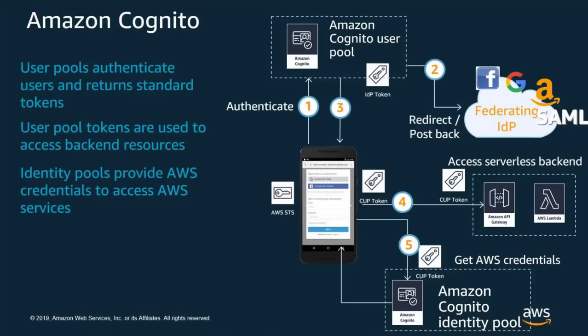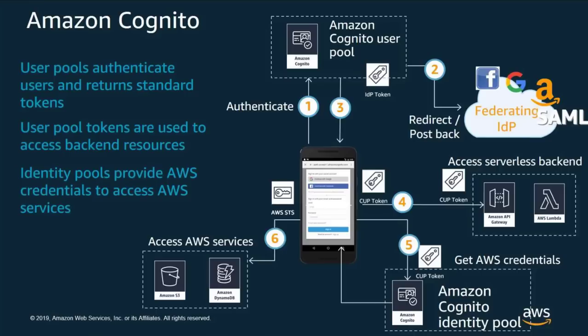And this is a standard AWS credential that's used to essentially access any of the AWS APIs, right? So if your app needs to contact services like DynamoDB or S3 on the user's behalf, you can use that STS token as a means for accessing those. So the way I'd have you think about it is the CUP token are for APIs that you build, and the STS token are for APIs that AWS builds. And that's how the whole ecosystem comes together.